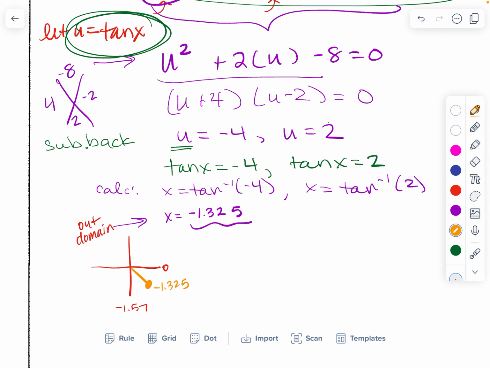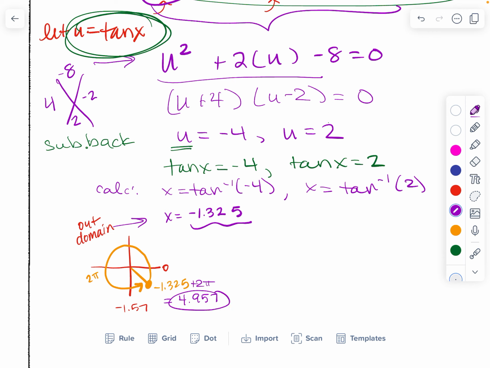If I wanted to get back to this from this negative 1.325, if I added 2 pi to it, that would get me back to that same value. So let's see what it would be, a coterminal angle or the same type of angle. If I add 2 pi to it, put it in your calculator, we get this. This would be 4.957, which is inside our restricted domain between 0 and 2 pi, or 0 and 6.28.